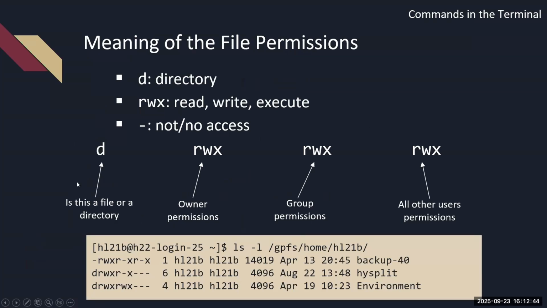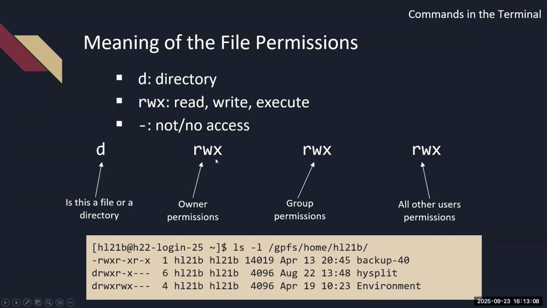So the 10 letters here are the file permissions. The d means it is a directory, or it is a file if it is a dash here. And the 9 letters will be separated into 3 groups, and each of them means read, write, and execute.